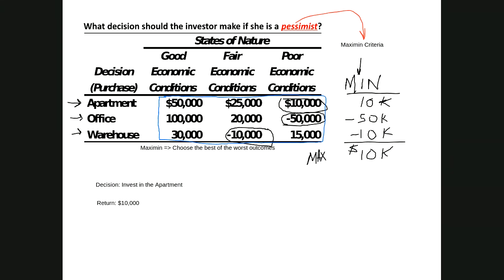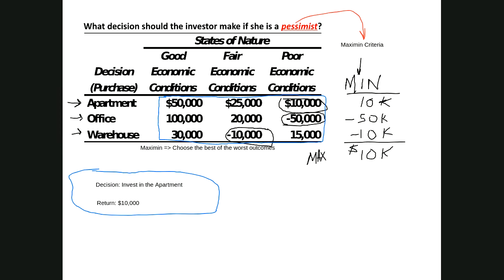So it would include all of the outlays, all of the expenses, and all of the profits, converted to a net present value. So they're truly comparable returns. So that's the case if your decision maker is a pessimist, would choose the best of the worst outcomes. Our decision would be to invest in the apartment, and that return would be $10,000.